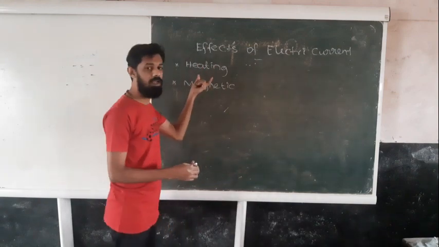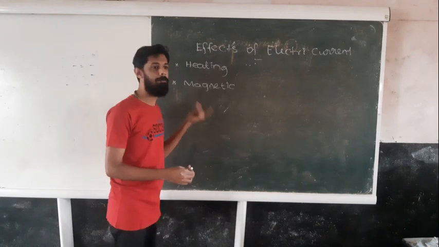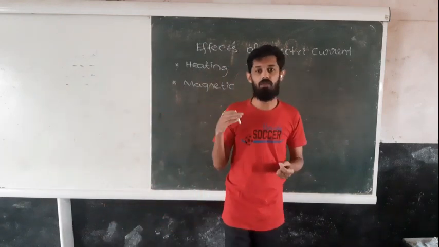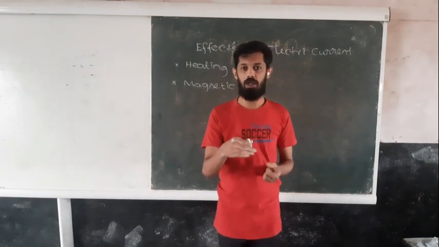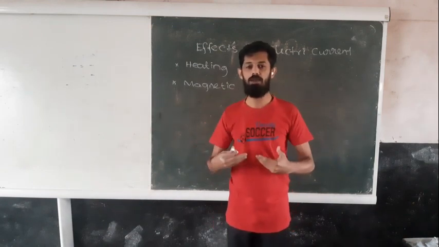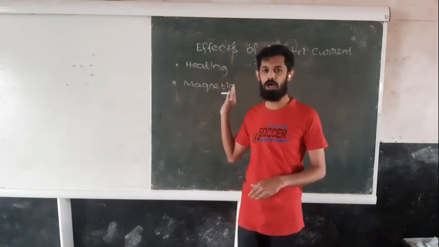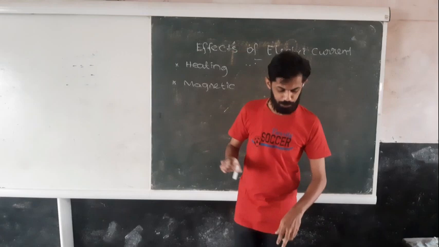One is the heating effect and the other is the magnetic effect. What do you mean by heating effect? When we give electrical energy and the output we receive is heat energy, that we call the heating effect.